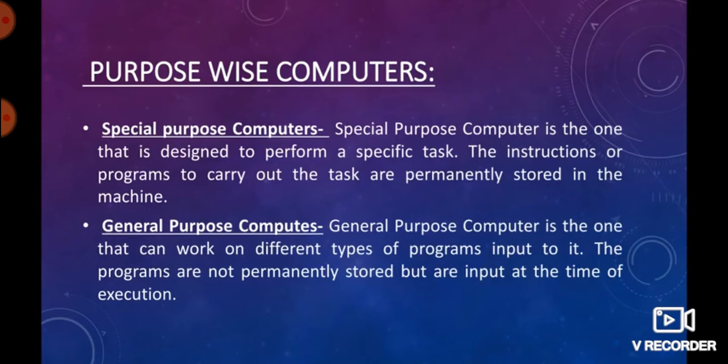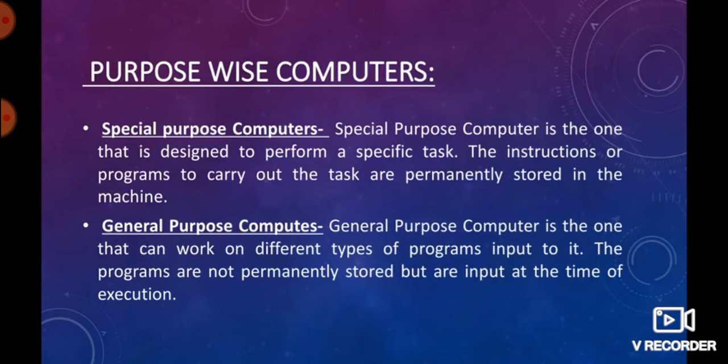And general purpose computers are those which can work on different types of programs. It works according to the given input, and the programs are not permanently stored in the computer, but we give the instruction and then it works according to that instruction.